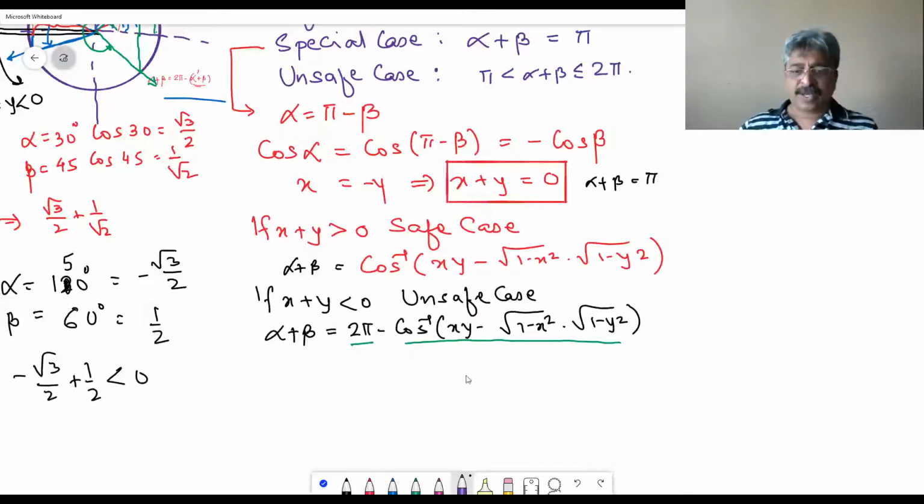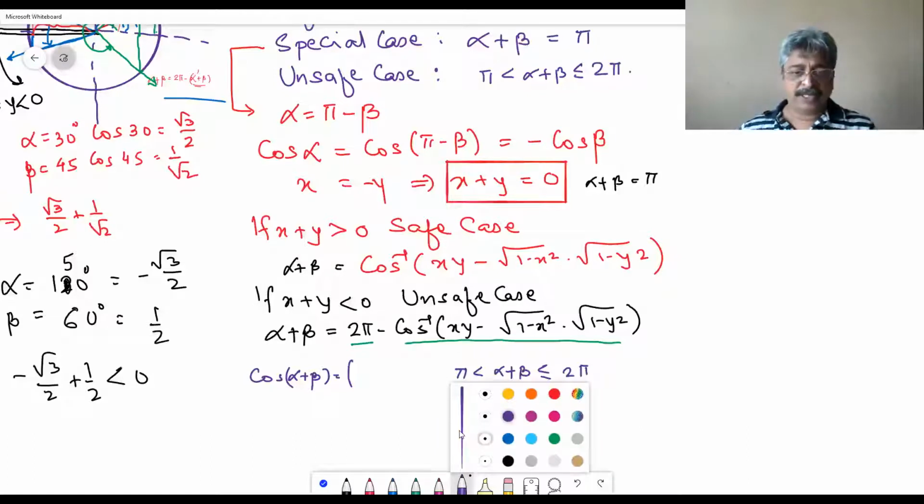So xy we need not worry about, because this is always going to be between -1 to 1. Therefore, we should worry about the range only. So we have pi less than alpha plus beta less than or equal to 2 pi. Okay, cos of alpha plus beta is equal to, that is the correct. This is their function.